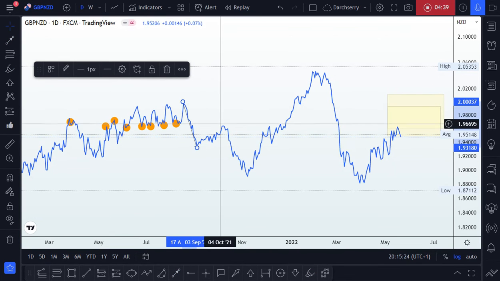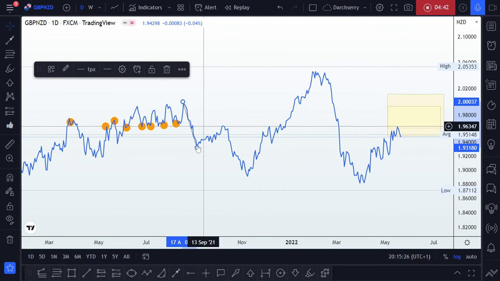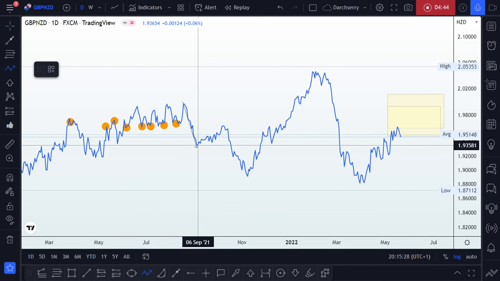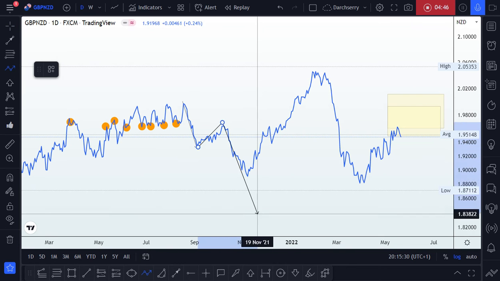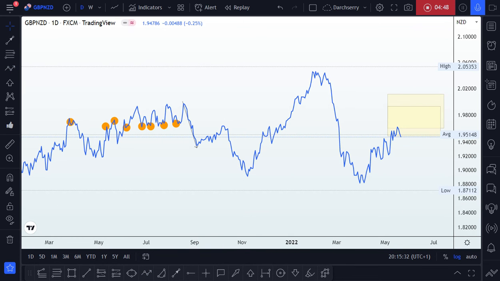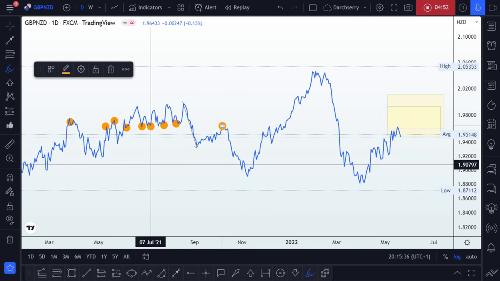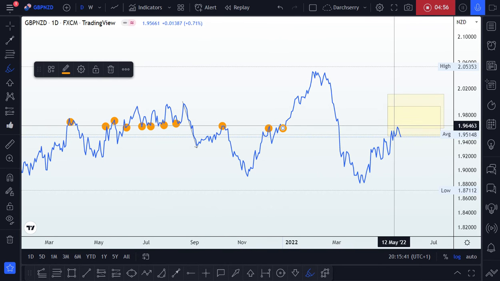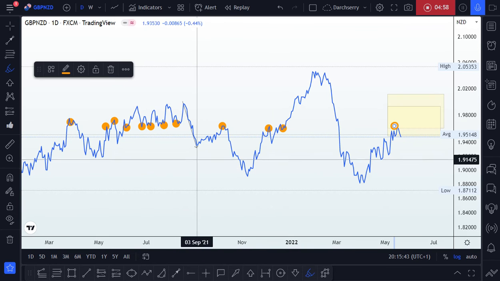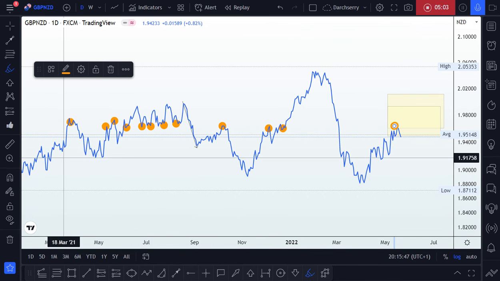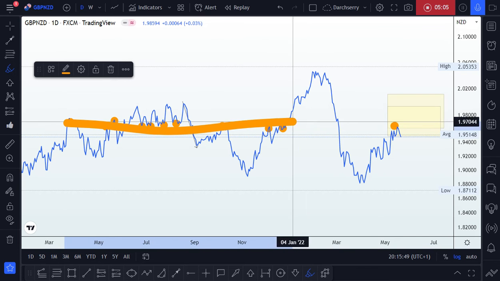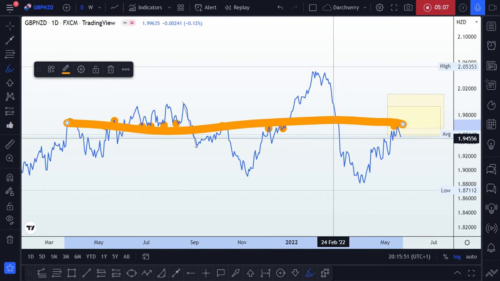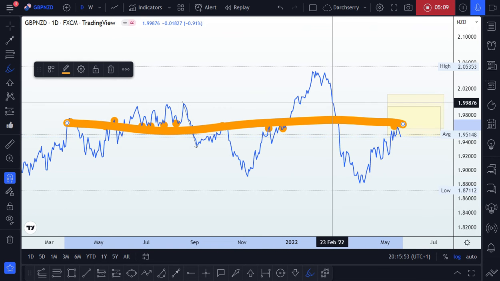Then we saw a retest into that same area, making it another resistance level here, and then we had a resistance level here, support. Then it appears we have another resistance level here. If you look left, you can see that we have this area looking more like a key level we can work with at this point.